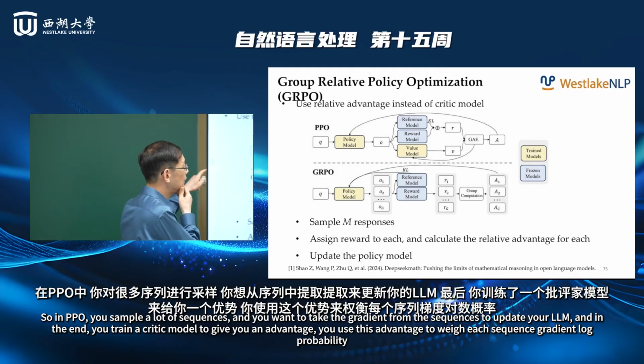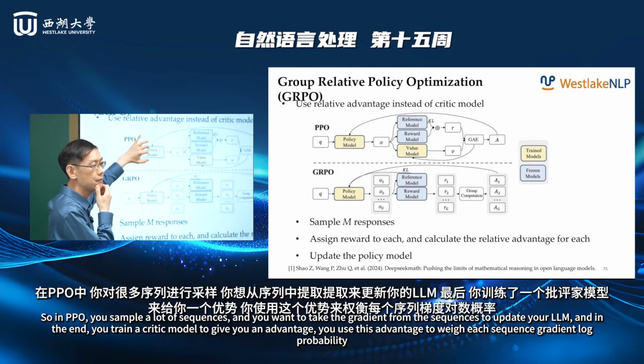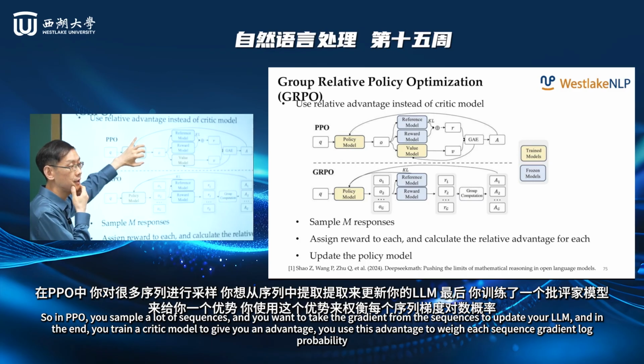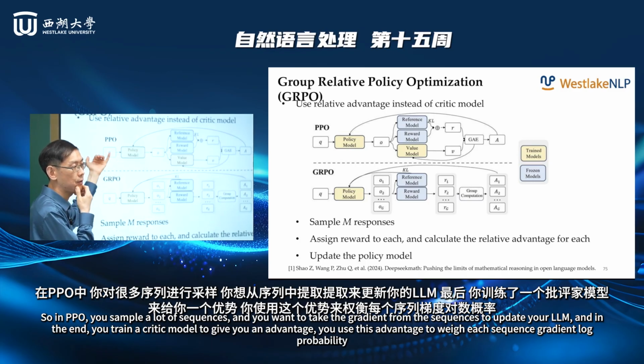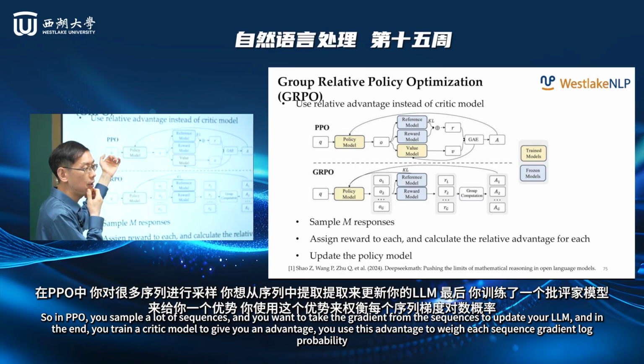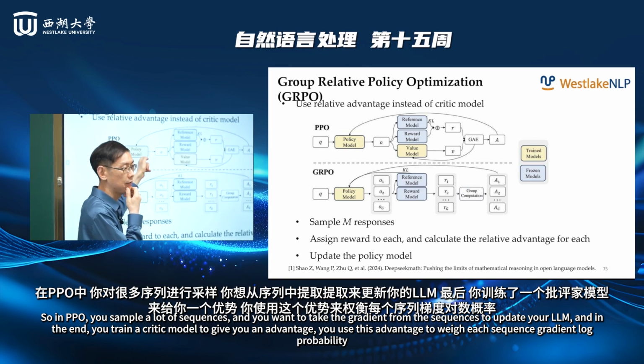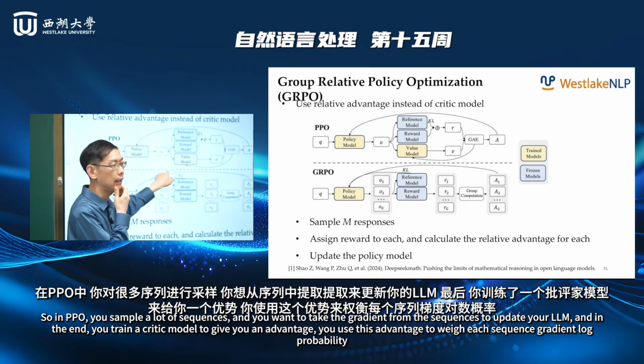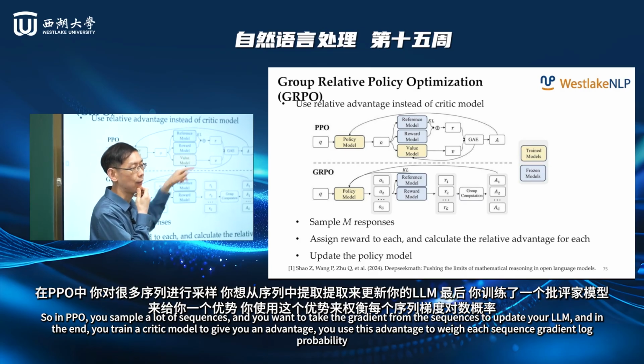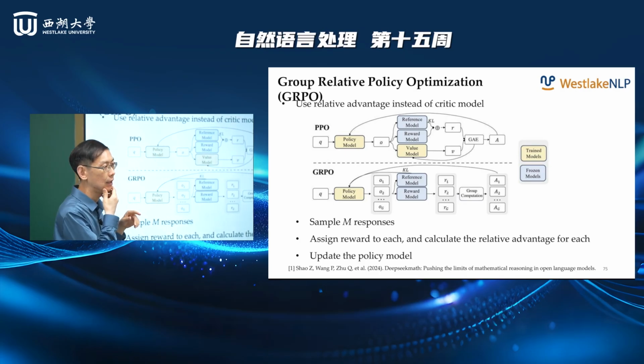In PPO, you sample a lot of sequences, and you want to take the gradient from these sequences to update your LLM. And in the end, you train a critique model to give you an advantage. You use this advantage to weigh each sequence's gradient, log probability.